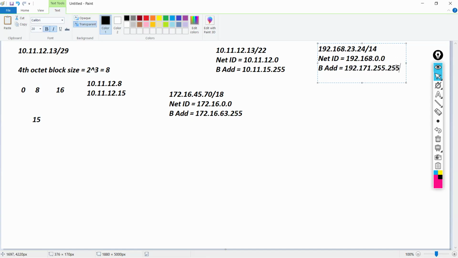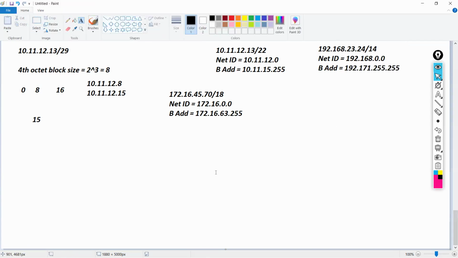See, guys, you are using pen and paper. I'm not even using, right? See how it will be. Slash value is what? 14, 8, 6 plus 2, all host. Forget about it. This is all network. Here, how many host bits? What will be the block size of the second octet?